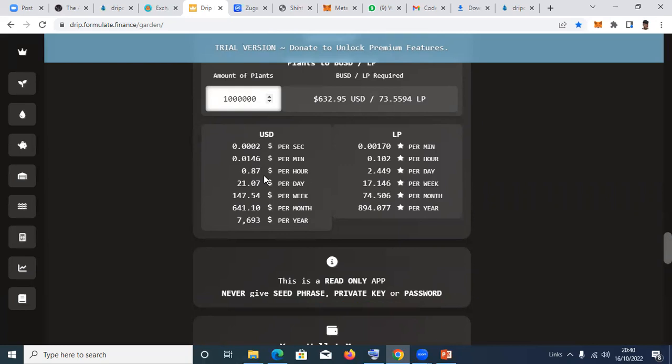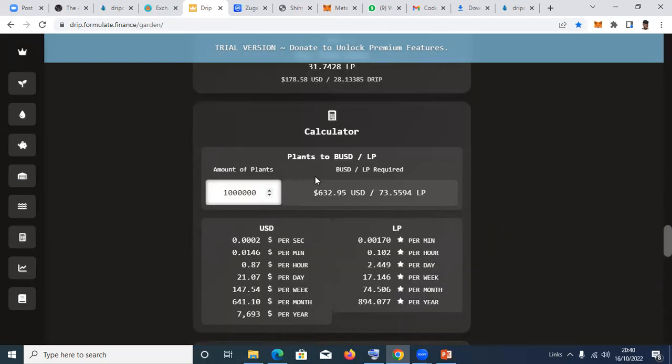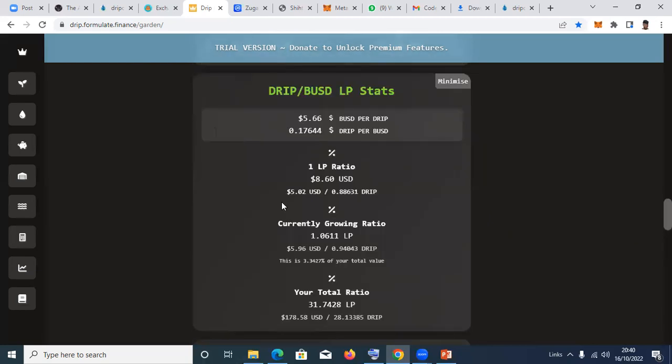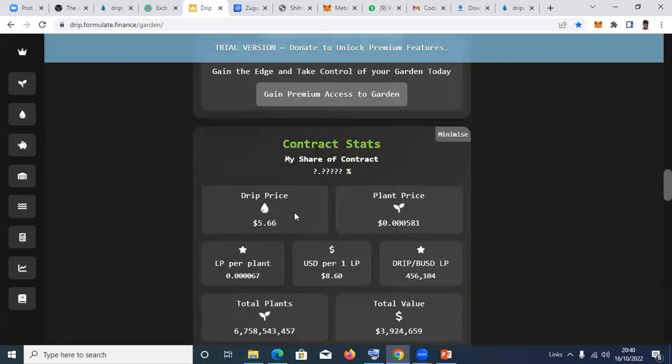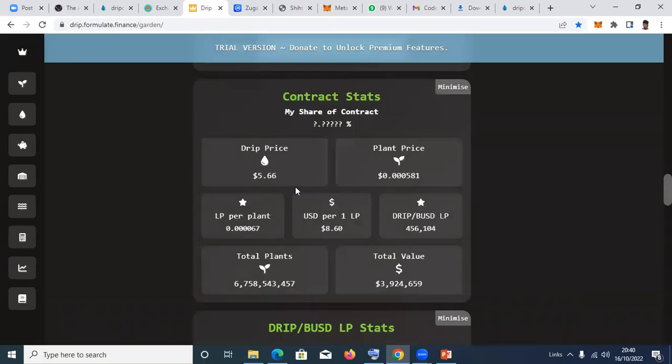Now, drip garden is a GameFi where people supply liquidity. Currently, the total contribution in this particular pool is worth about 3,924,659. So where is this revenue coming from? It's from tasks that you make.